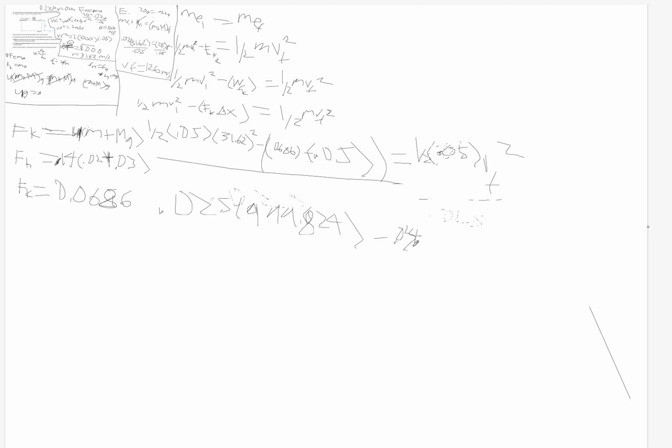Give me a second. 0.0343 is equal to 1/2 times 0.05, which is 0.025, vf squared.